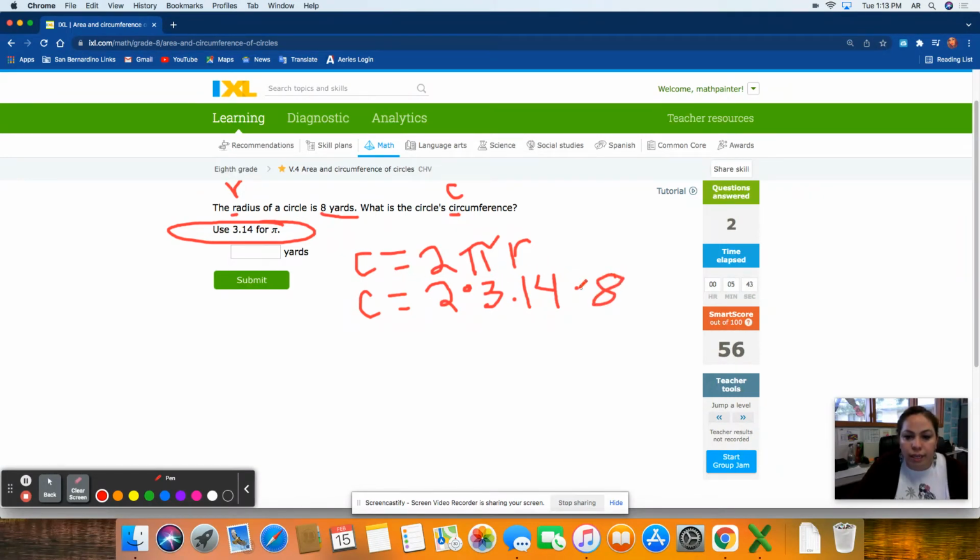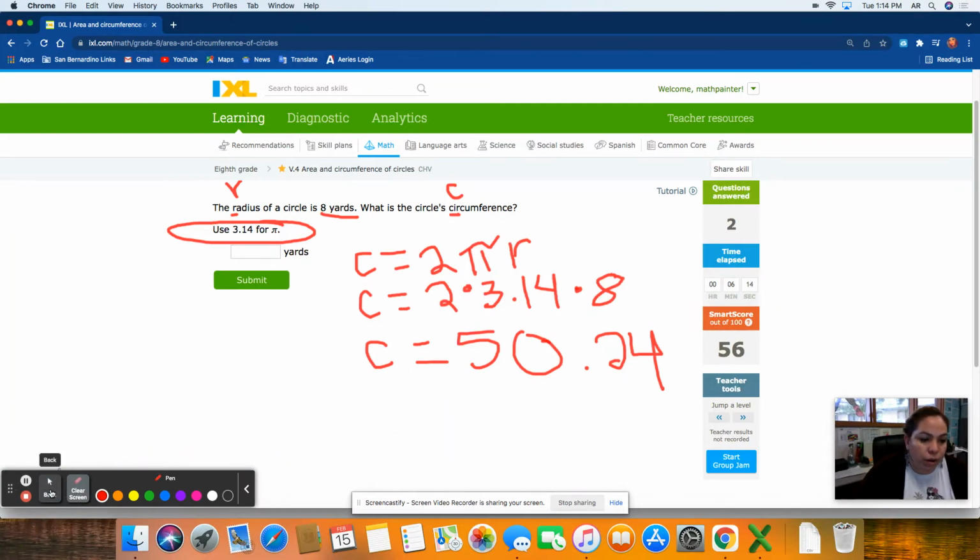What is it telling us to do? Simplify. Just multiply these 3 numbers and you'll get your circumference. So C equals 50.24. If you multiply all these three numbers together, you'll get 50.24. And we're going to submit that answer, 50.24.